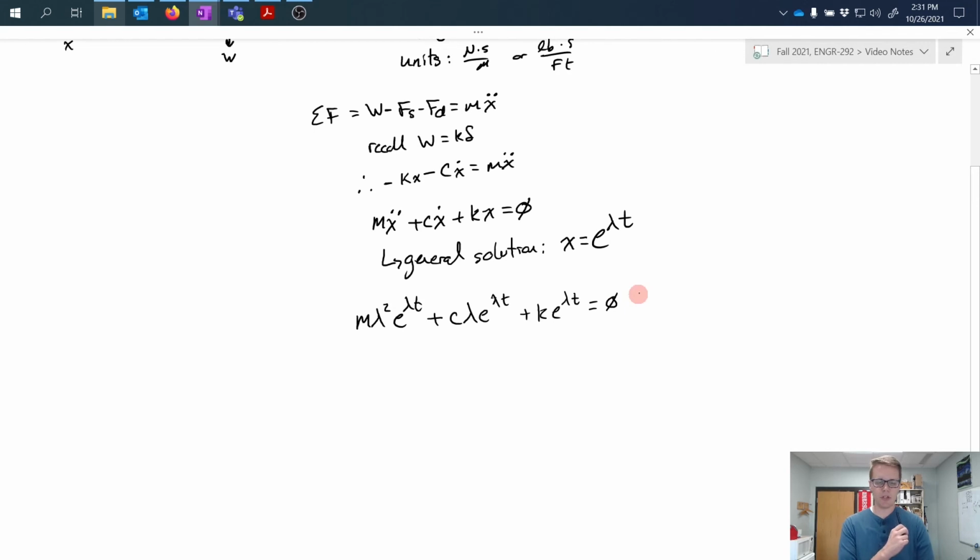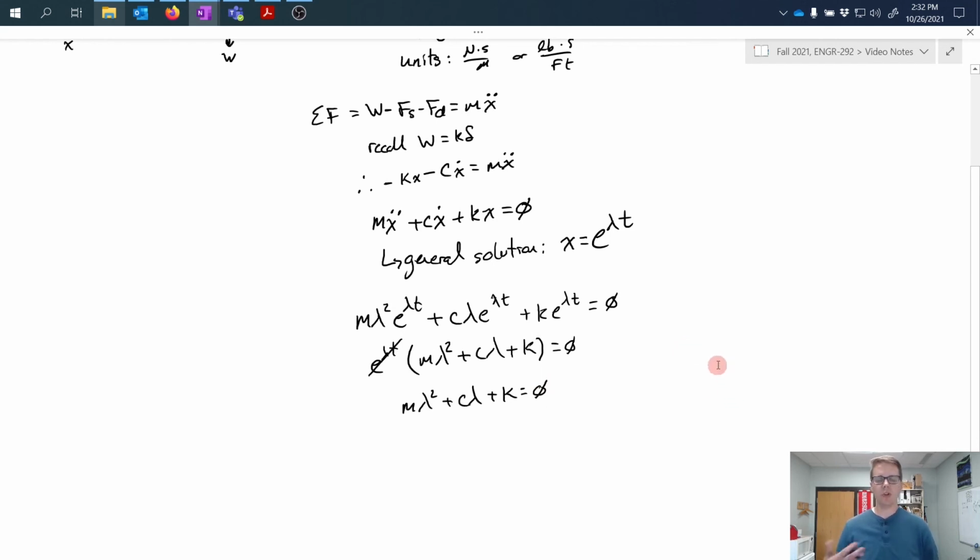Now there's a common term in here, which is e to the lambda t, so I can pull all of that out. And I can then divide across into the 0, and I'm left with m lambda squared plus c lambda plus k equals 0.